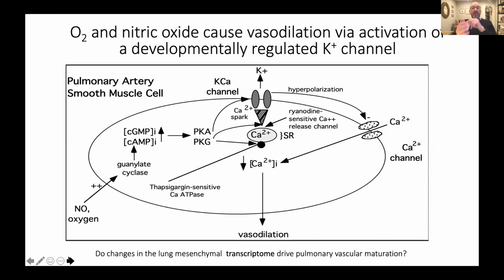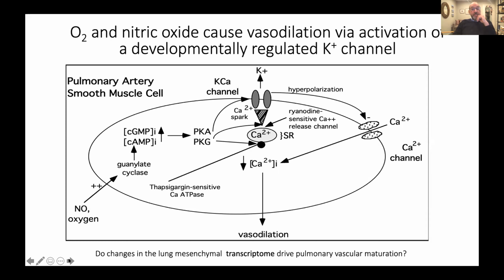And we elaborated this story over the course of many years, that either nitric oxide or oxygen would cause a subcellular signaling cascade that resulted in release of a very localized spark of calcium immediately adjacent to this calcium-sensitive potassium channel, which would lead to the elaboration of potassium membrane hyperpolarization and vasodilation. And that was a very satisfying set of physiologic and molecular experiments.